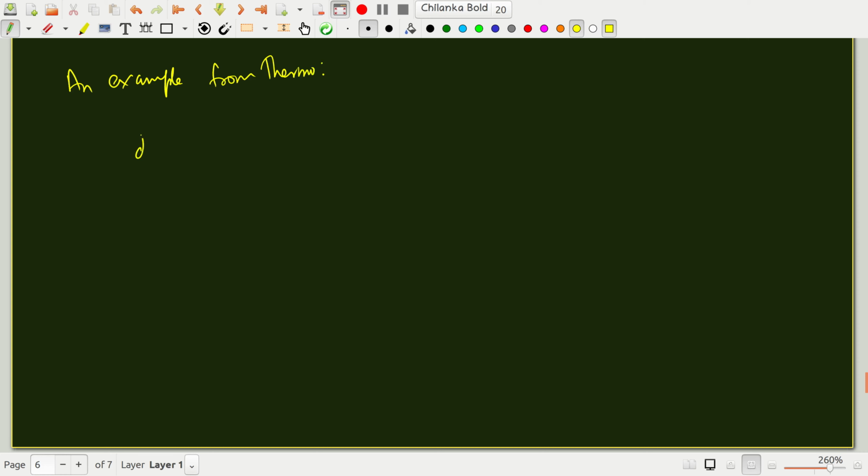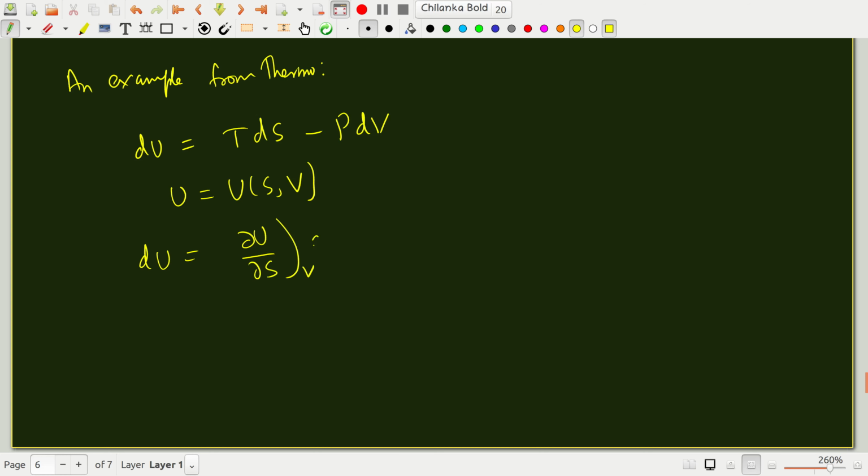So you know the combined first and second law, dU is TdS minus PdV. This is something that we all know. Now U is a function of S and V, the internal energy U in thermodynamics, right? So dU is written as partial U partial S at constant V dS plus partial U partial V at constant S dV.